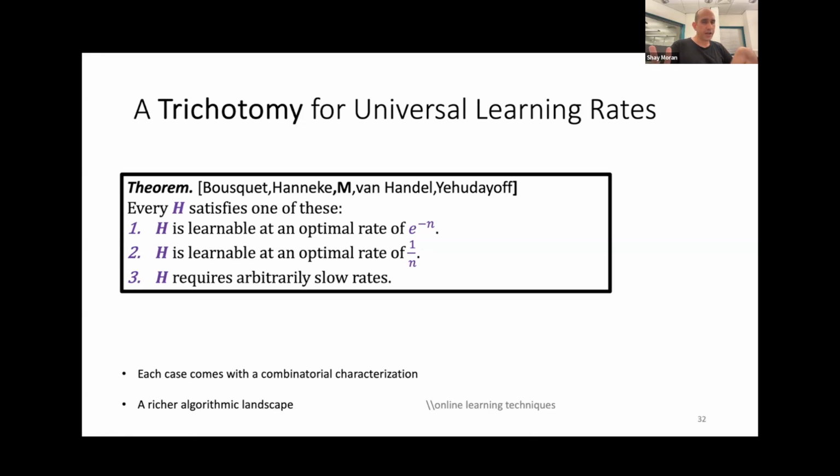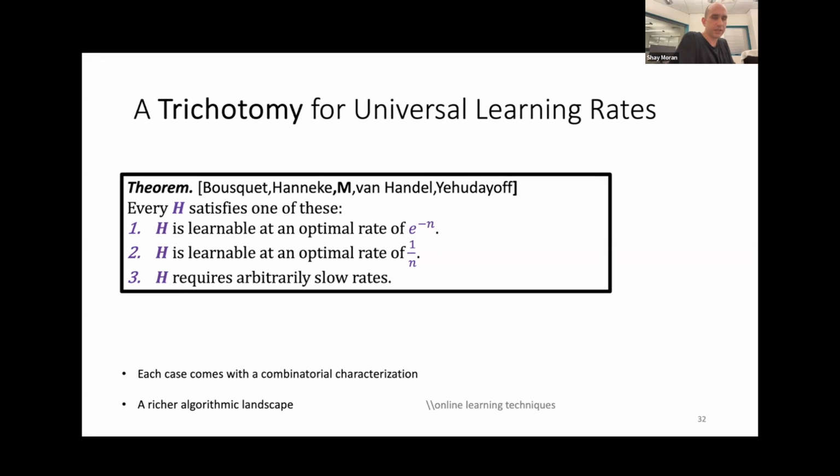And there are two comments I want to make about this theorem. H which is learnable at all? No. Okay, so this is the first comment. First of all, in this definition, every H is learnable. This is the result about one nearest neighbor from the 50s. But by a rate you mean that it goes to 0.